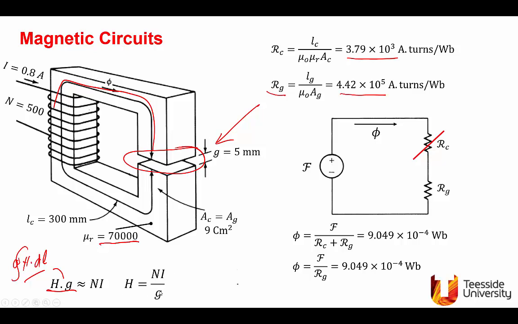H will be Ni over G, and B will be mu naught, because it's an air gap, Ni over G. And this will give us readily a very close but reasonably accurate value of the flux density in the air gap due to the magnetomotive force given by Ni.